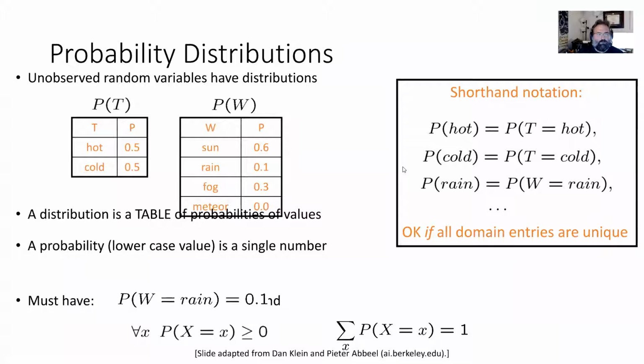A probability distribution is over random variables and is generally a table of distribution values. When we talk about a probability, it's a lowercase value, basically just a number, not a series of numbers. Probabilities are all greater than or equal to 0, and they all add up to 1. Those are the characteristics of probability under given conditions.